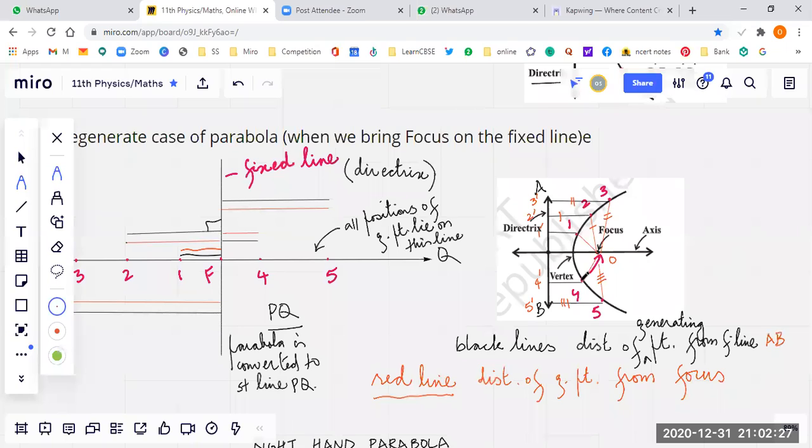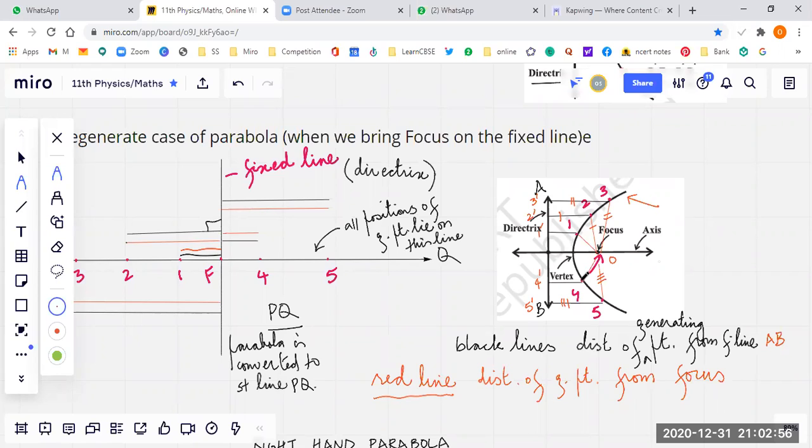Focus is O here. So we can say 3O, 2O, 1O, similarly 5O, are the distances of the generating point from the focus. Now 3O is equal to 3, 3 dash, as shown by two lines. Similarly, 5O is equal to 5, 5 dash. That's why this parabola is generated.